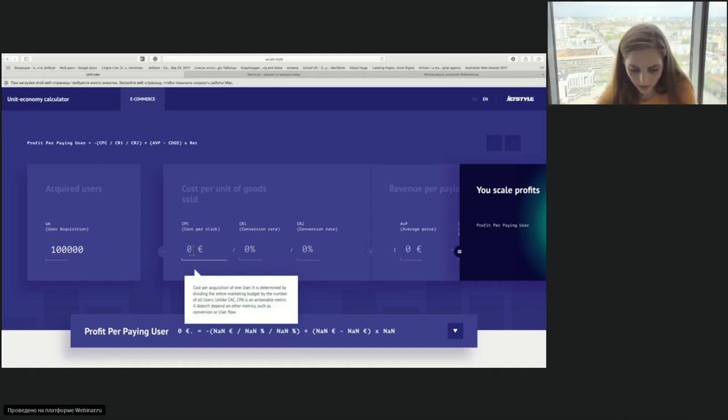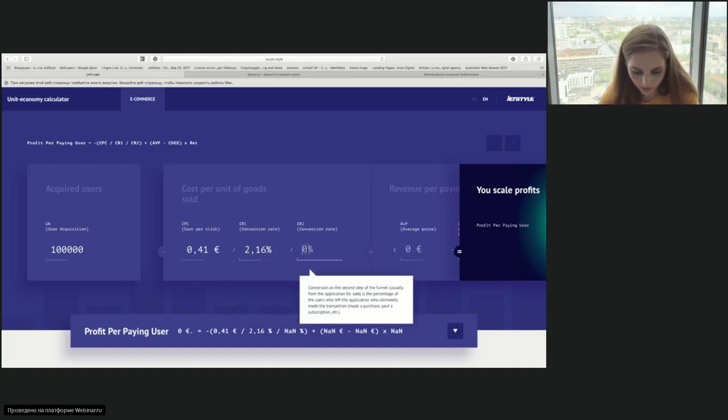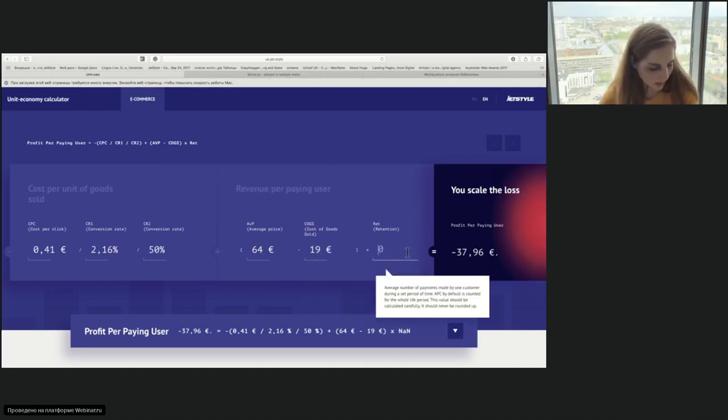The cost per click is 41 cents, and like 2% of visitors will give us some emails or register somehow on the website, and let's say some of them will place an order and some will not. So the average price of purchase is 64 euros minus 19. We have a good margin.